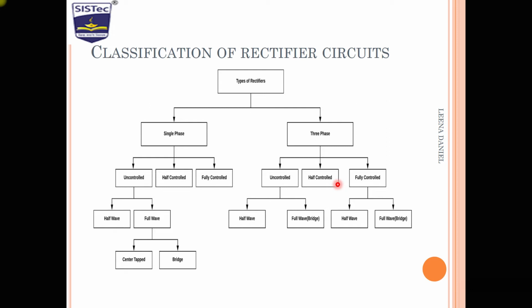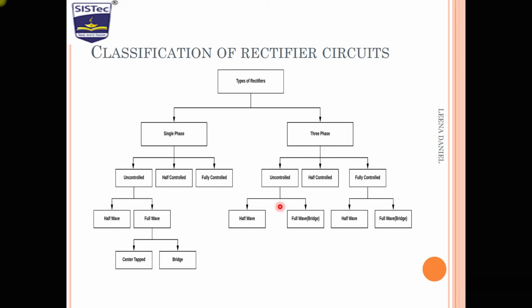Here, in a three phase full wave rectifier, we would normally have to use 6 thyristors, but in place of 6 thyristors we use 3 thyristors, which are controlled, and the other half of the switching devices are diodes, which are uncontrolled. That combination is called half controlled, with half controlled devices and half uncontrolled devices. In fully controlled, all the switches are controlled.